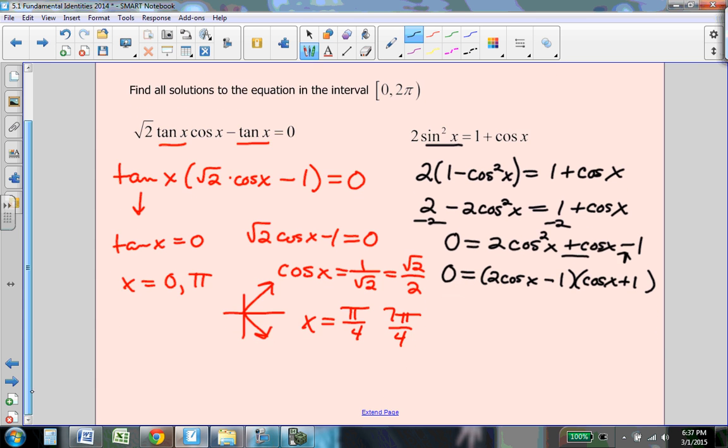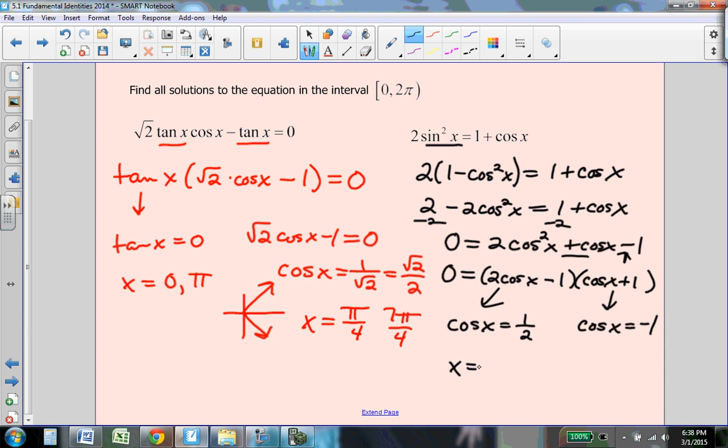Now we set those each equal to 0. Doing so, we get the cosine of x is equal to negative 1. Setting this factor equal to 0, I get the cosine of x equals positive 1 divided by 2. So we're looking for a cosine value of positive 1/2. And that means x coordinates of 1/2, so those are pi over 3's.